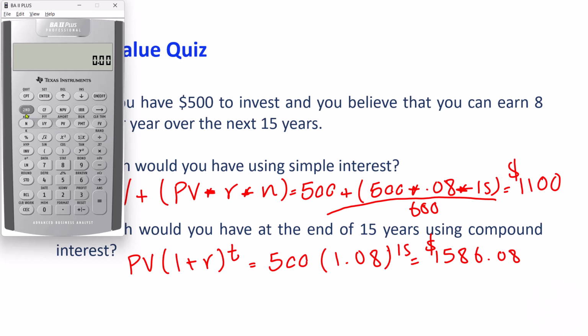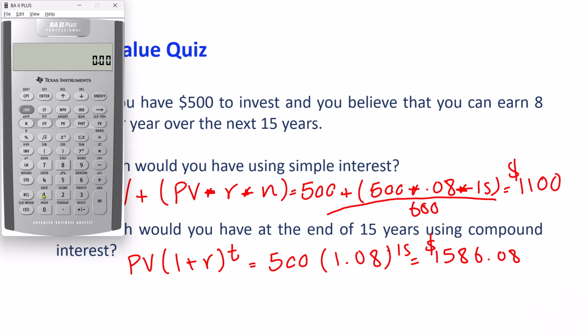Let's just do simple interest first. So we have 500 times 8% times 15 plus the original 500. That gives us 1,100. And for the time value of money formula, I'm going to clear the time value of money first.